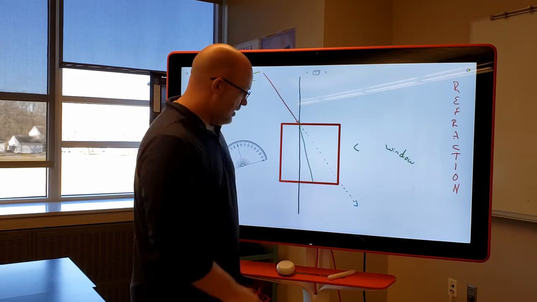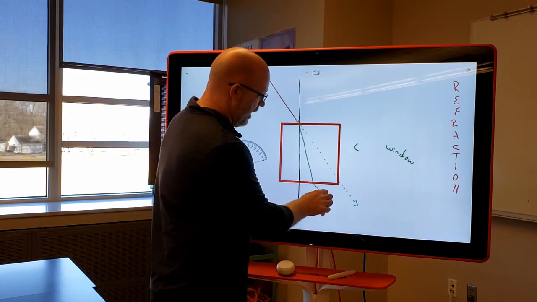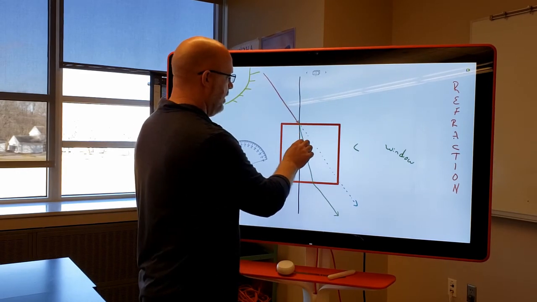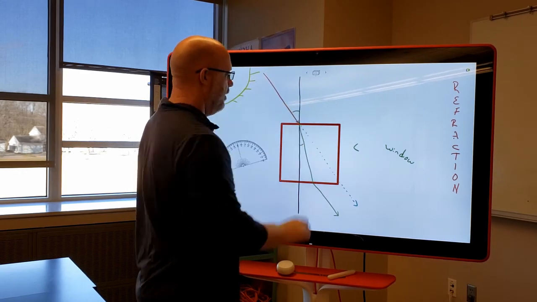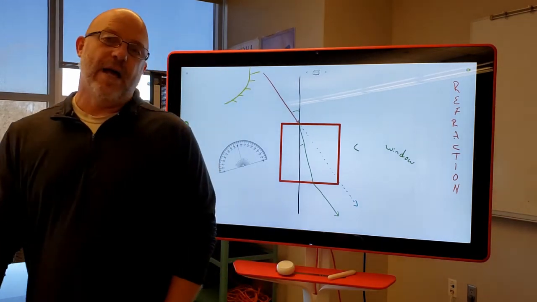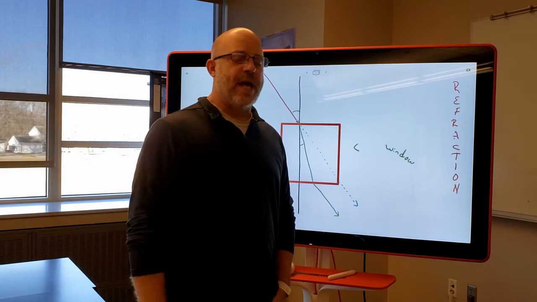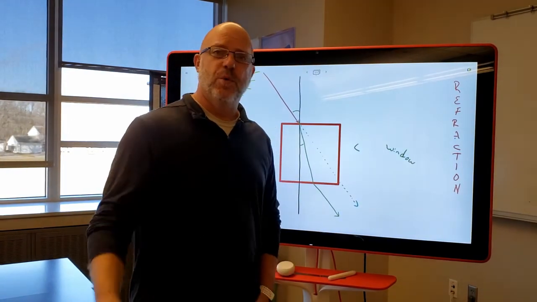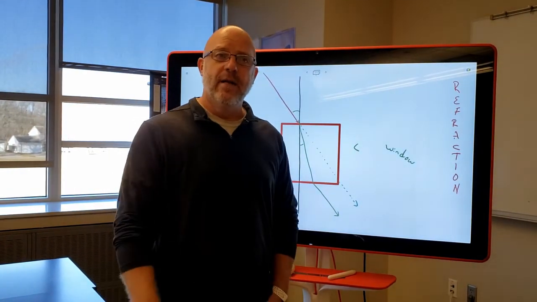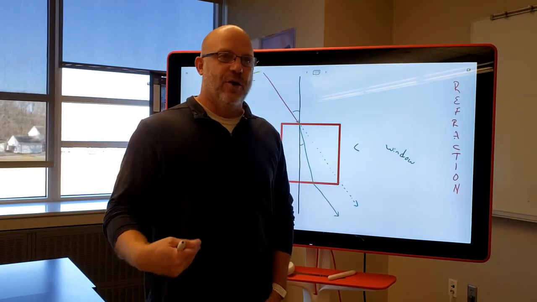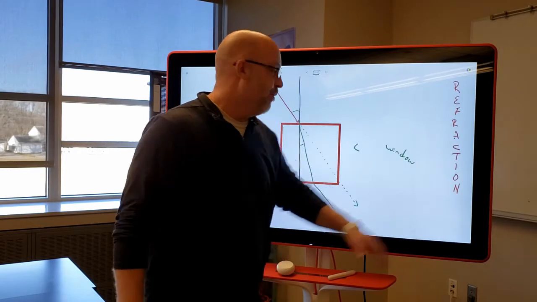And then when it hits the side, it's going to go back out there. So we have an angle here and an angle here. And that's what refraction does. A good example of this would be, have you ever sat on the edge of a pool and dangled your legs over the side? Do your legs look normal or do they look kind of weird? If they look kind of weird, it's because of refraction.